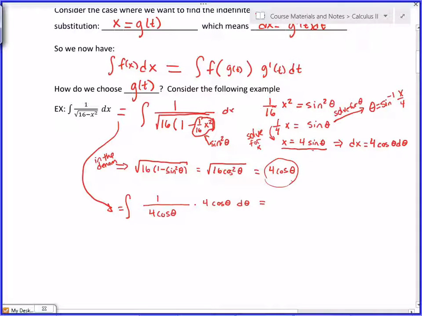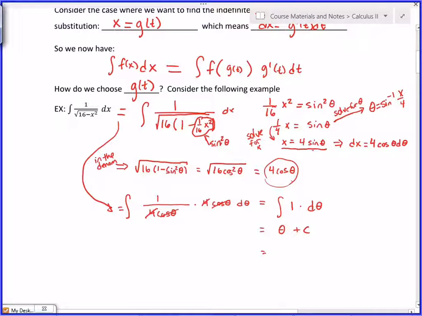Isn't that nice? The 4's cancel. The cosines cancel. So I have the integral of 1 d theta. Theta plus c. But I'm not done because the original problem had what variable?